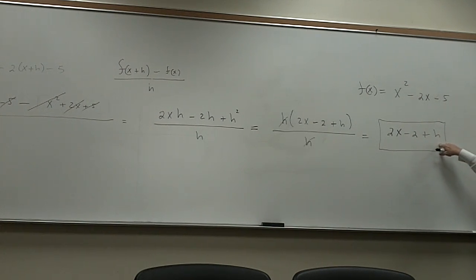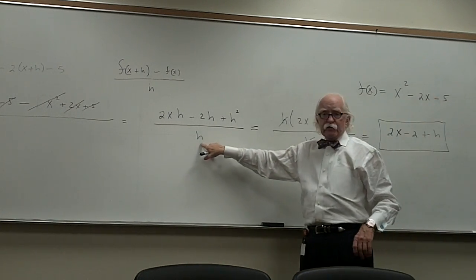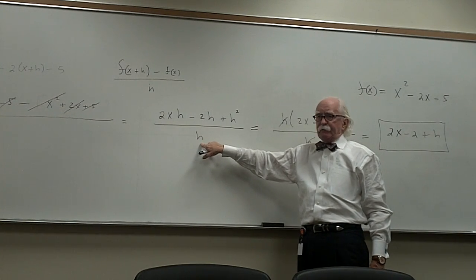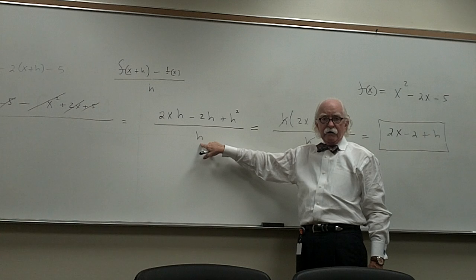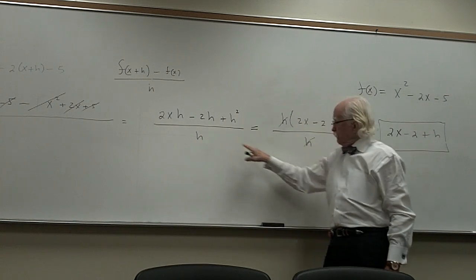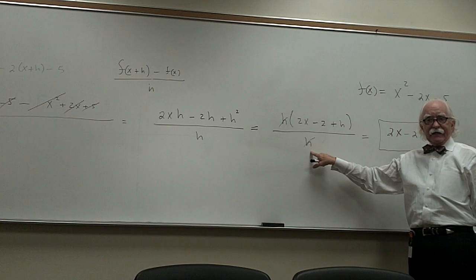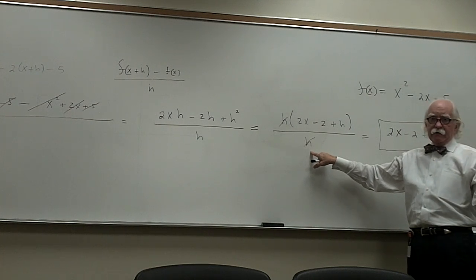Is it okay if you let h go to 0? Back here, you cannot let h be 0. You see why? Back here, h cannot be 0 because it's in the denominator. But I suddenly was able to get it out of the denominator.